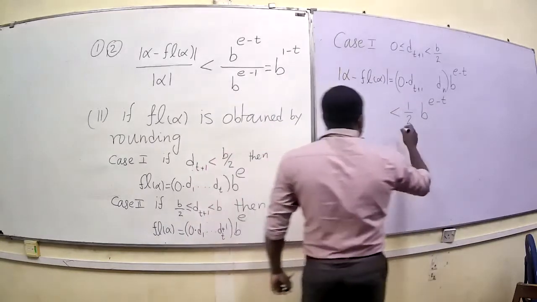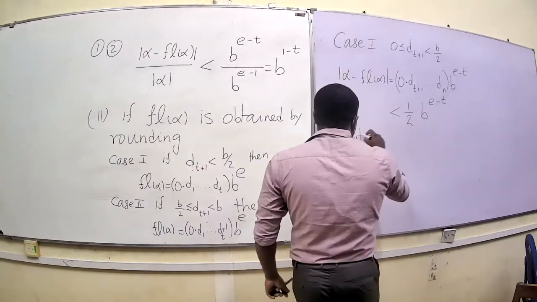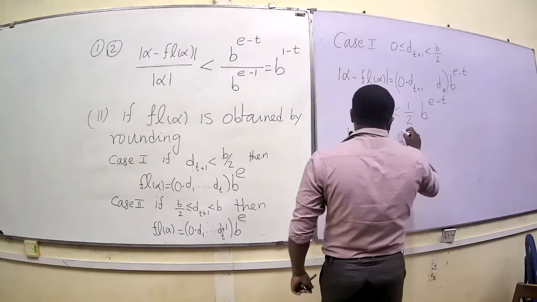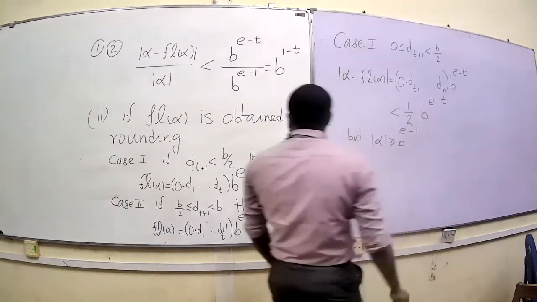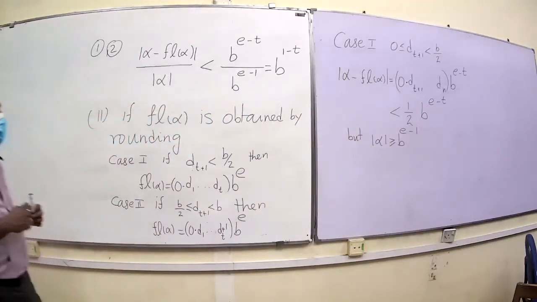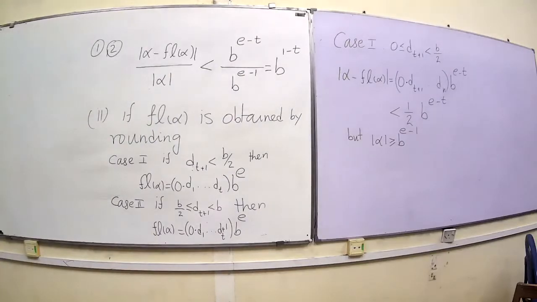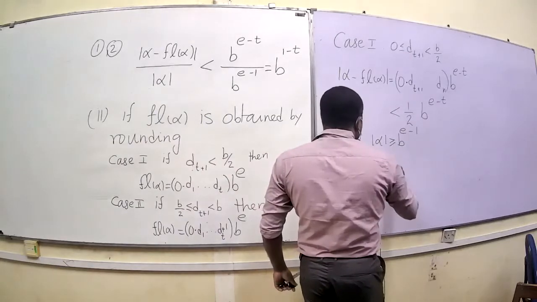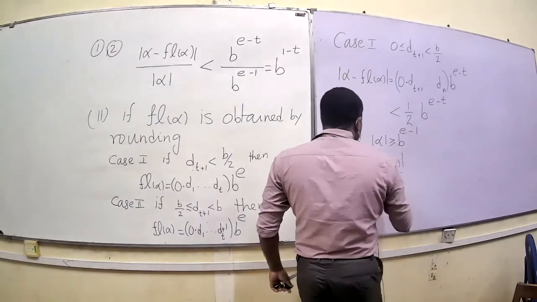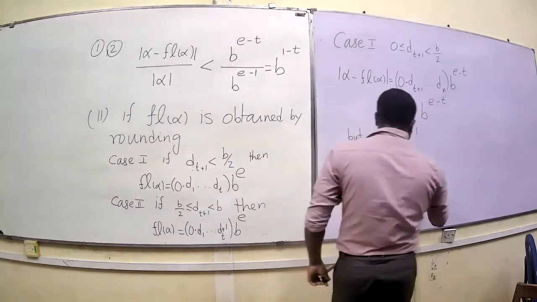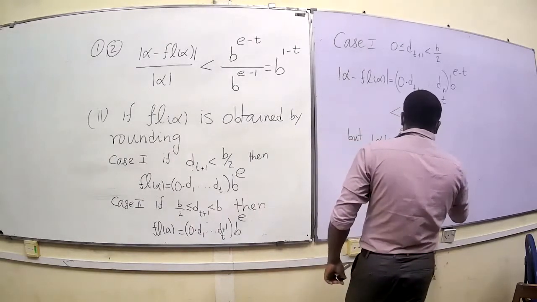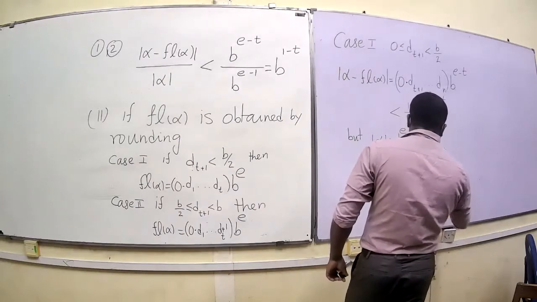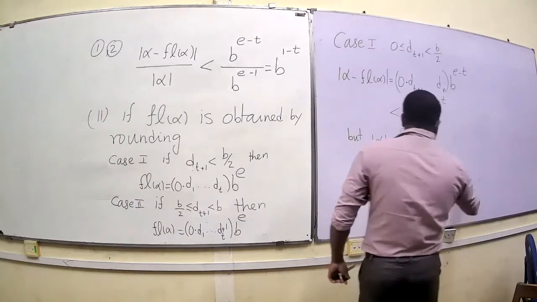But we already have the absolute value of alpha is greater than or equal to b to the power e minus 1. So if you combine these two, you will get alpha minus FL of alpha divided by the absolute value of alpha is less than or equal to half b to the power e minus t divided by b to the power e minus 1.